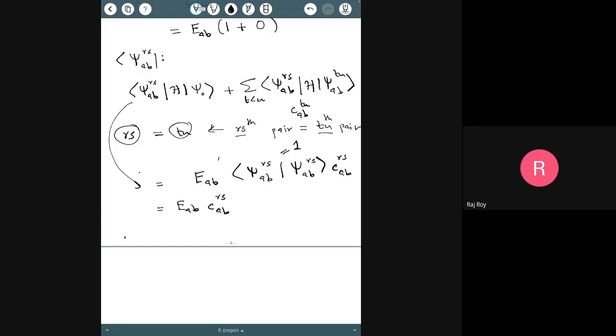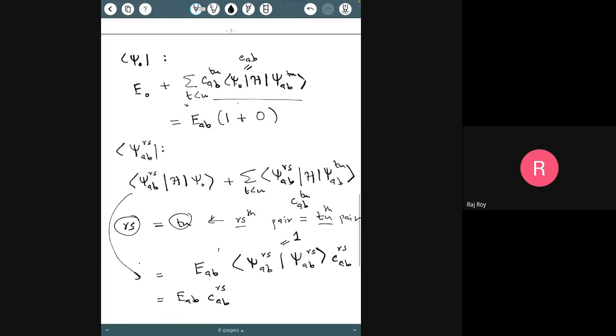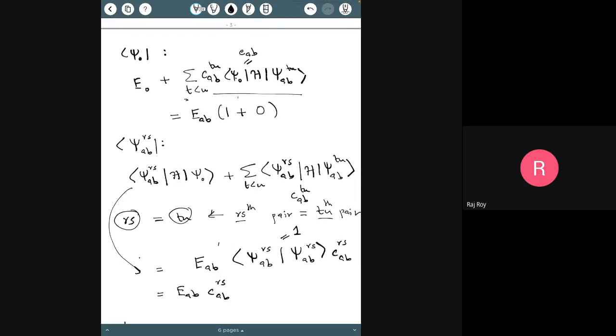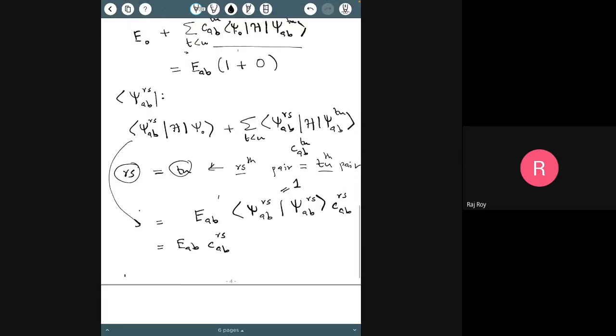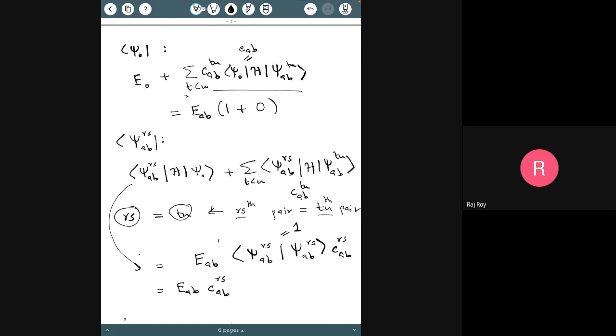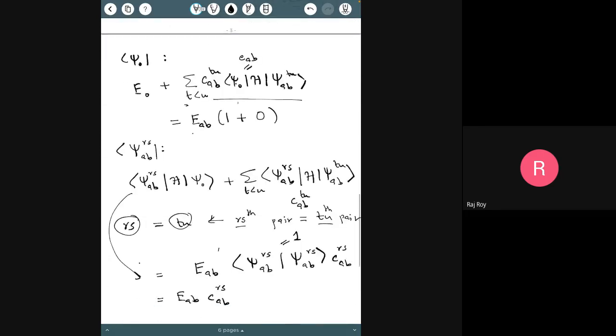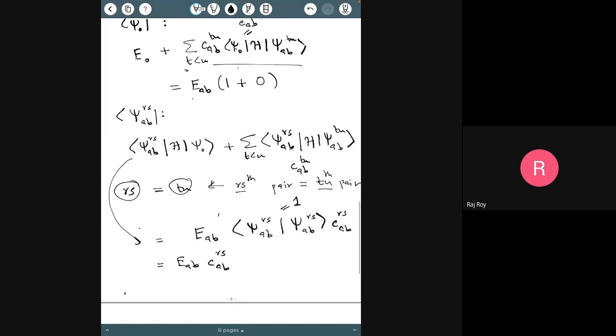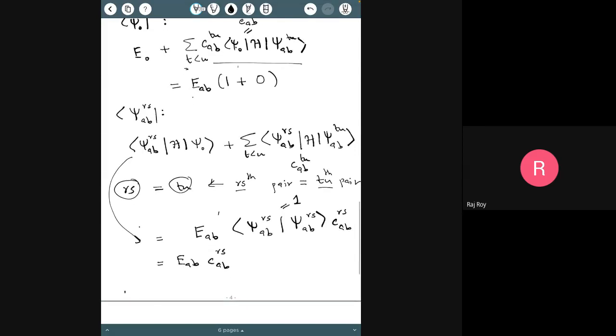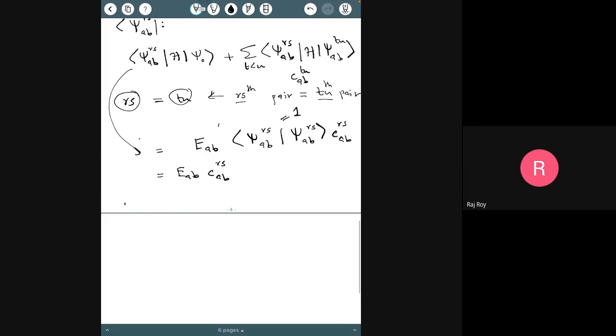And so knowing the definition of small EAB, this is consistent with what we got as the energy expression before. Remember, we wrote capital EAB as E0 plus small EAB. That is my energy expression then.